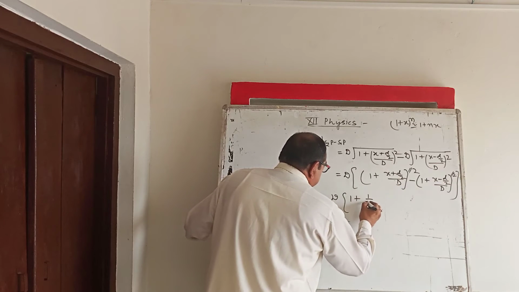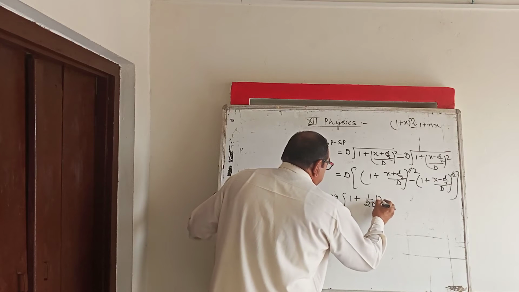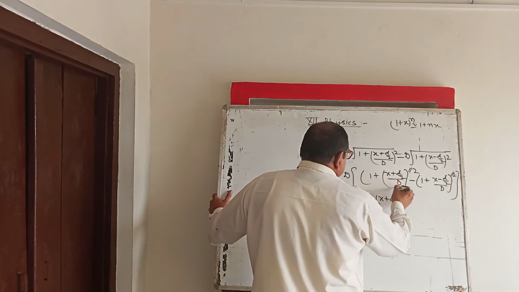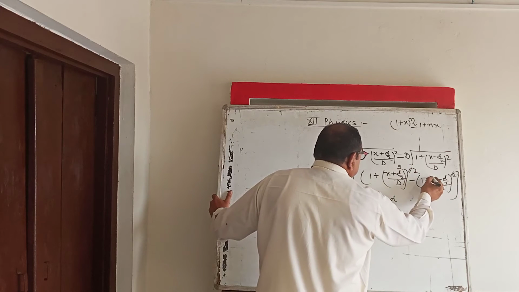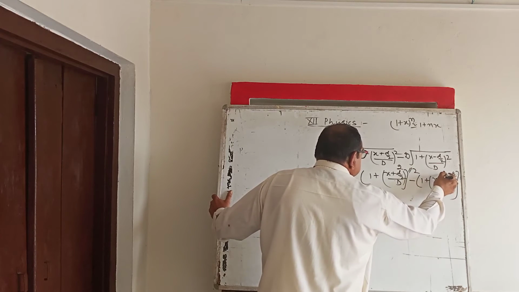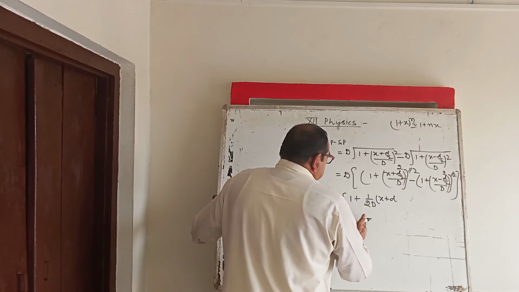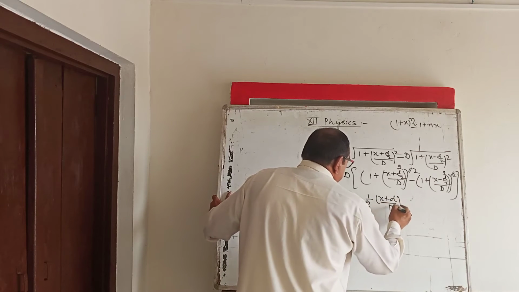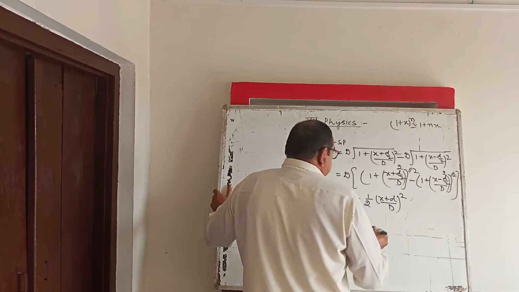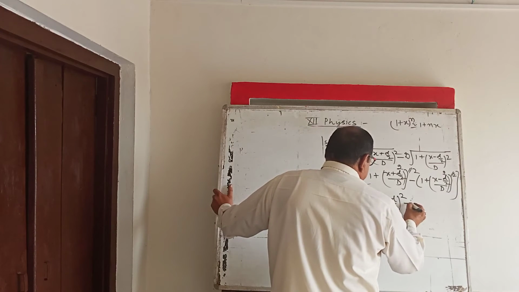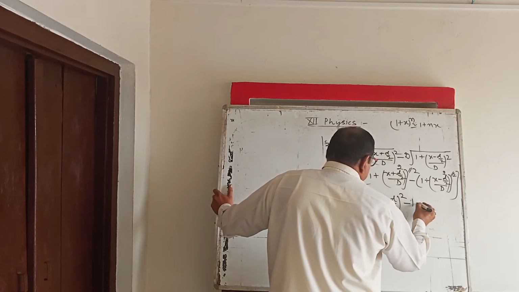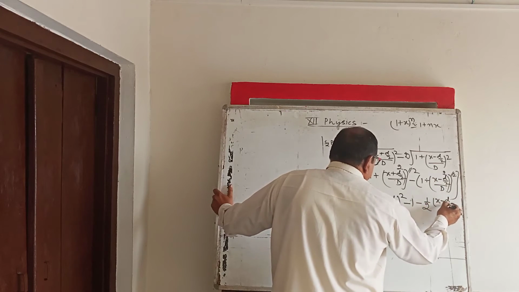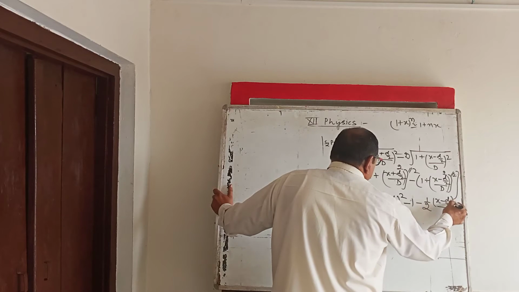You will get 1 by 2 times x plus d by 2 upon D to the whole square, minus 1 by 2 times x minus d by 2 upon D to the whole square.